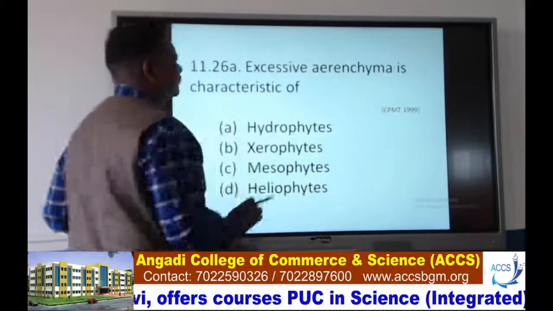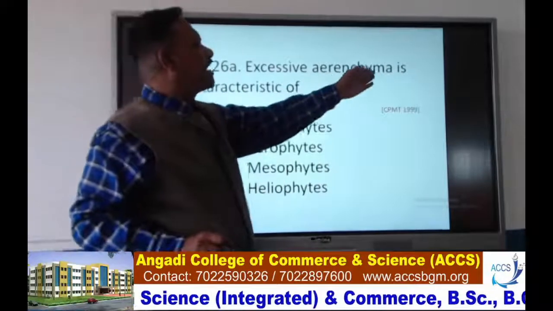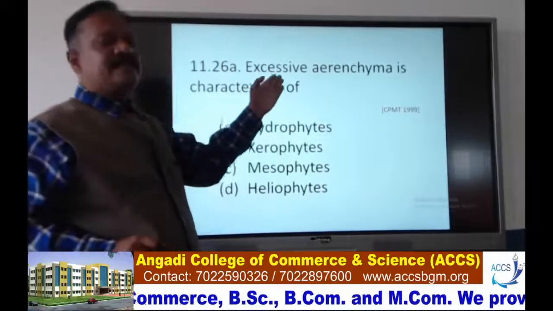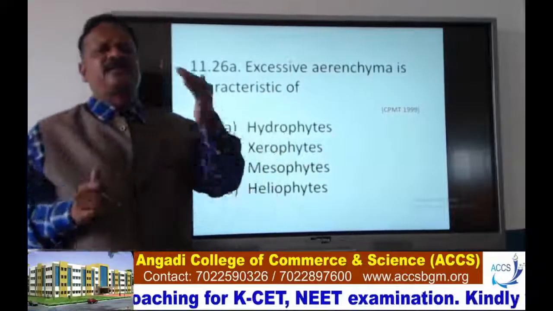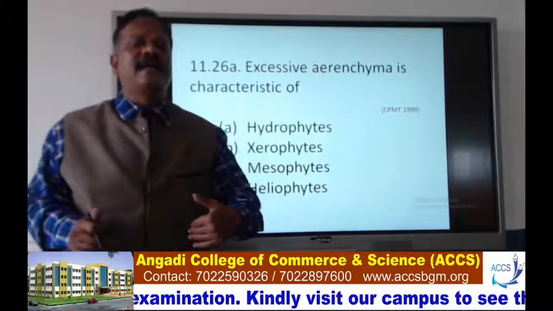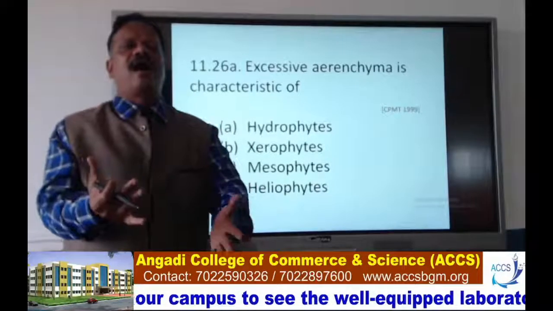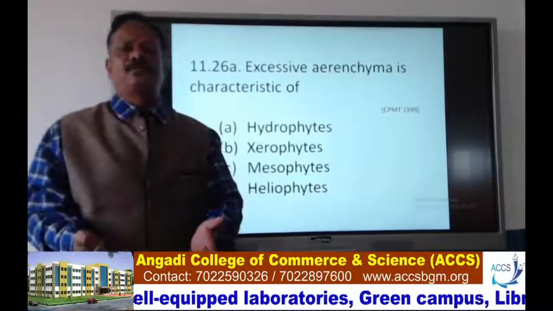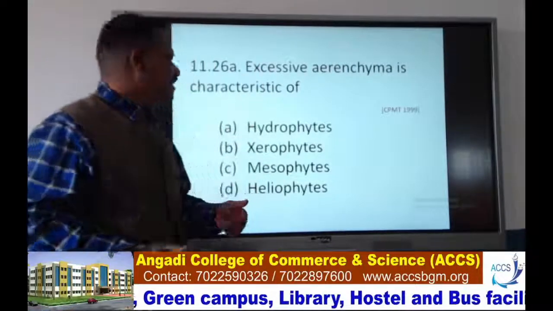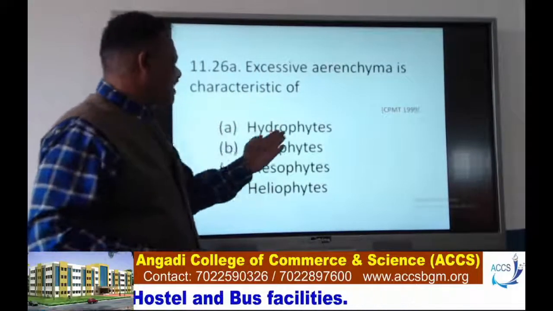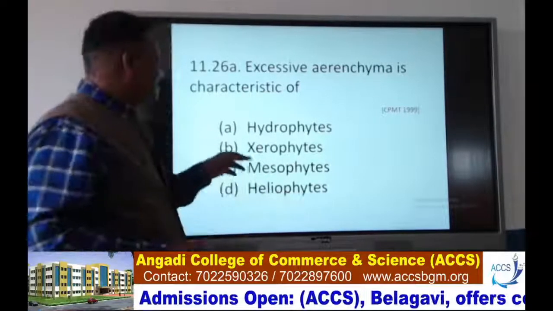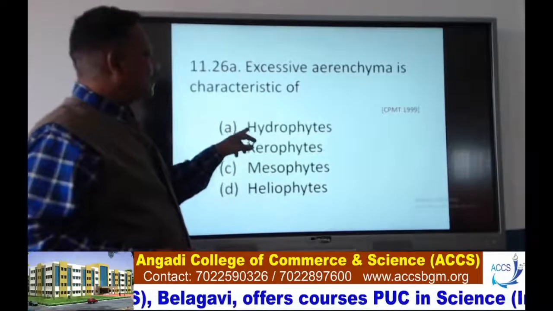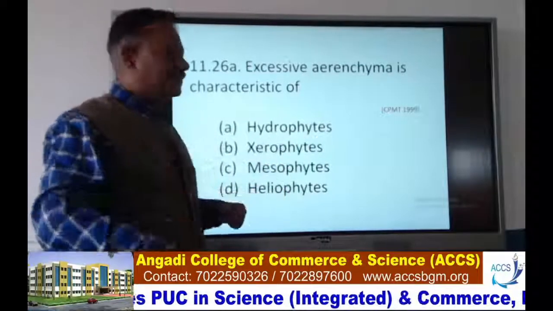Option B. Next, excessive aerenchyma is characteristic of... The parenchymatous tissue is storing air inside and becoming aerenchyma. So it is giving buoyancy to the hydrophytic plants. So here hydrophytes, xerophytes, mesophytes, heliophytes. The best example is A, that is the hydrophyte is the correct answer.